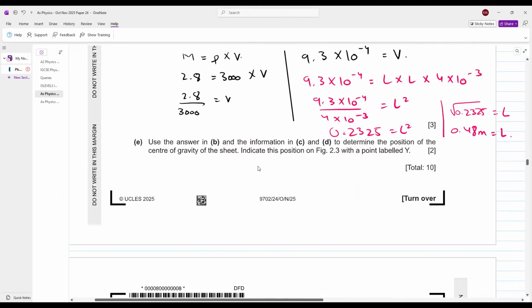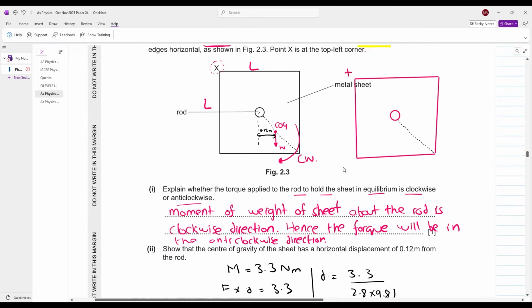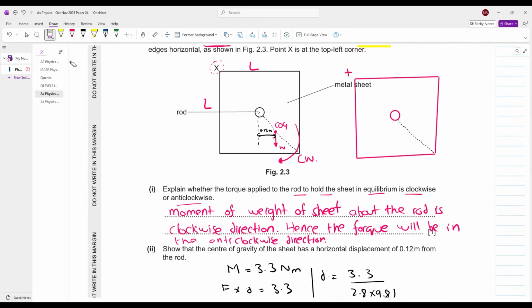Now you have to indicate the position of the center of gravity. How will you do that? बेटा आपको पता है, let's erase everything.